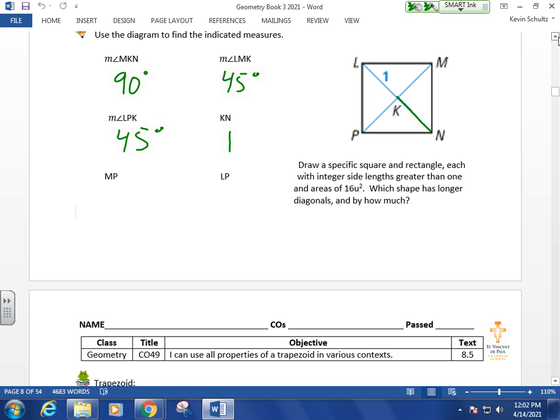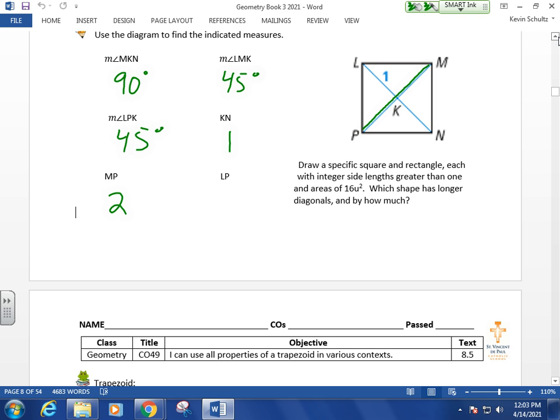The diagonals bisect each other, and so LK is congruent to KN, and so we get the 1 from that. MP is this diagonal here, which, diagonals being congruent, all four sections of the diagonals being equal to 1, means that MP is going to be 2, going all the way across.